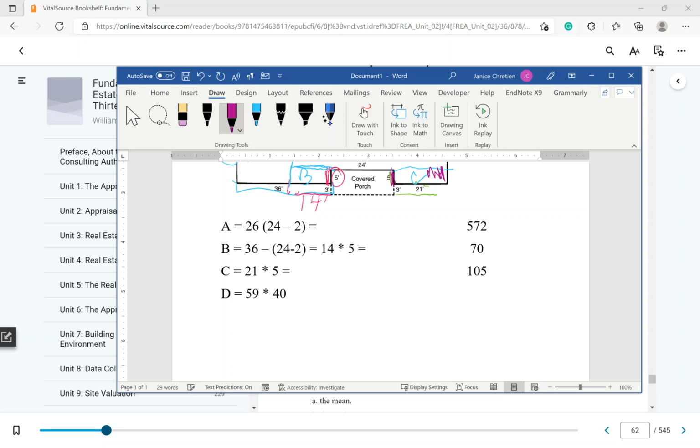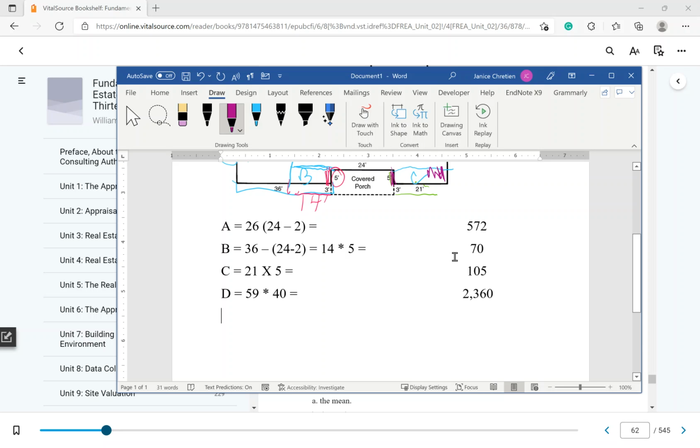And I realized just now I changed symbols with you. That means the same thing as X. So this is going to be 59 times 40 is 2,360.